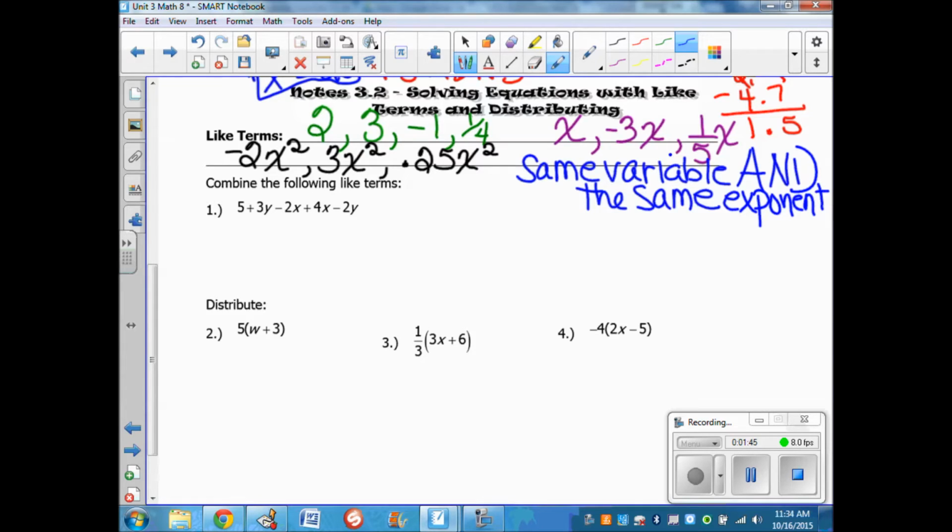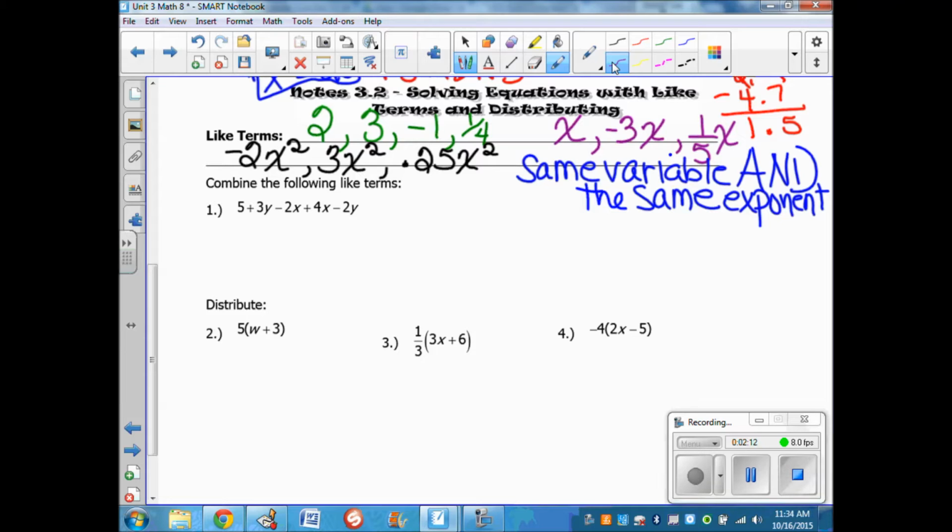Same variable, so same letter, and the same exponent in order for them to be like terms. When I look at the ones in green, do we have any variables? We just have numbers. So no variables, no exponents. Those are like terms.